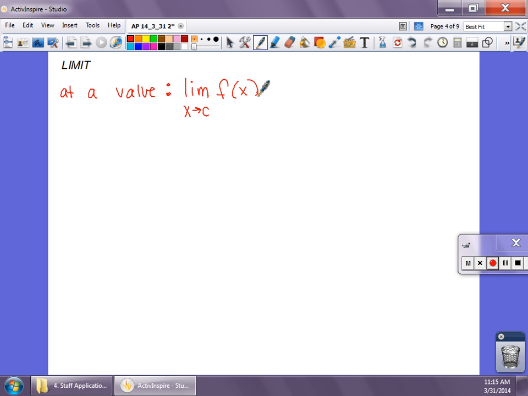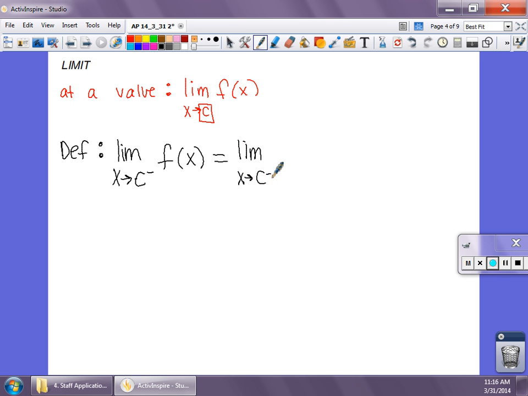So limits at a value, we learned a lot of different types of limits. The first type is limits at a value. That's what this means, that this is not an infinity. This is how we know it's at an actual value. We'll start out with the definition, which you guys should know. The limit as x goes to c from the left side has to equal the limit as x goes to c from the right side.